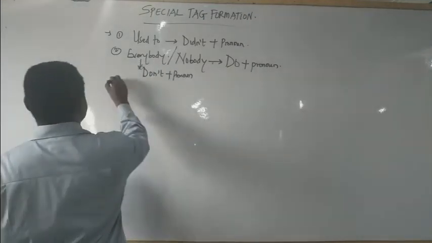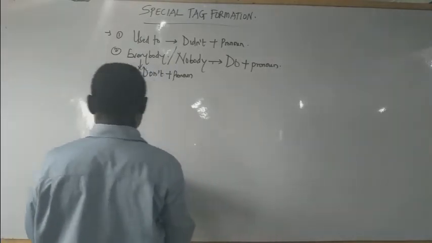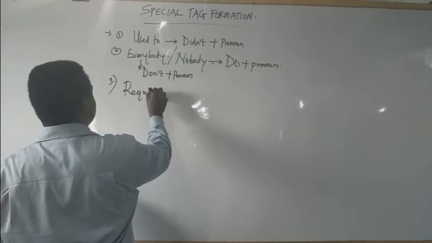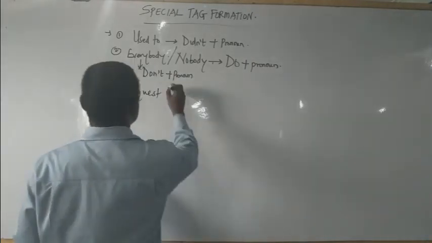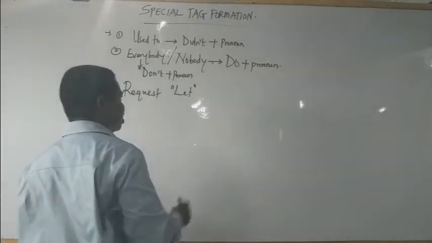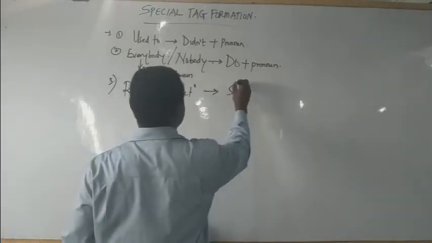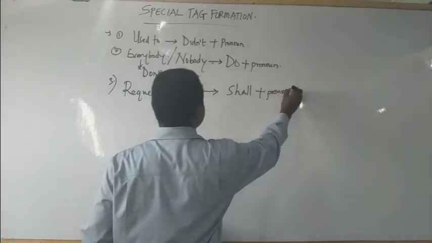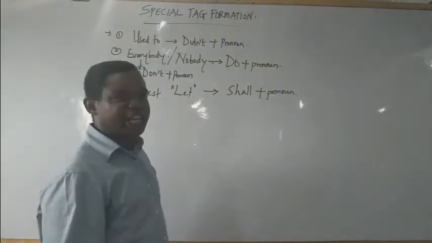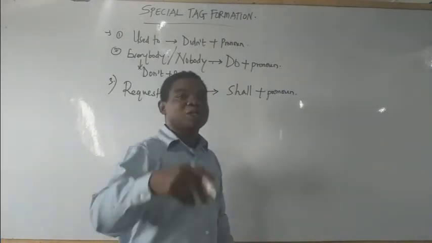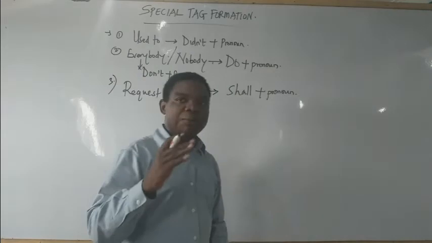Number three, when you have a request being made with the use of the word "let", when a sentence starts with "let", your response will take the word "shall" plus a pronoun. The question tag will take "shall" plus a pronoun.